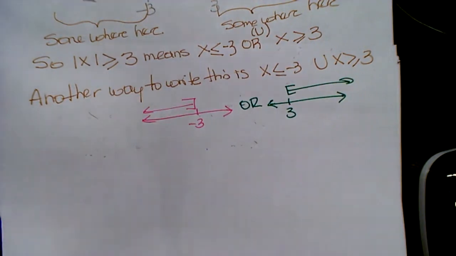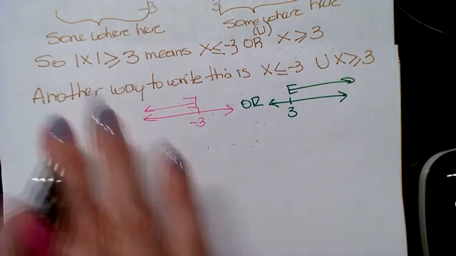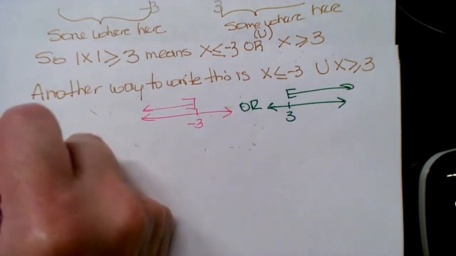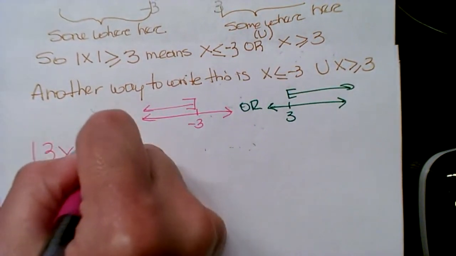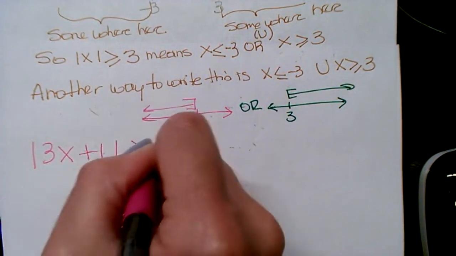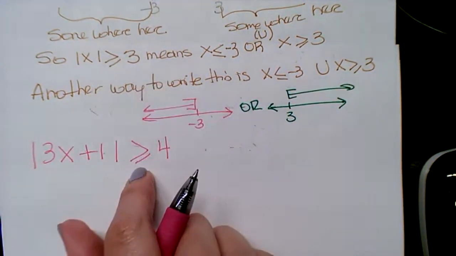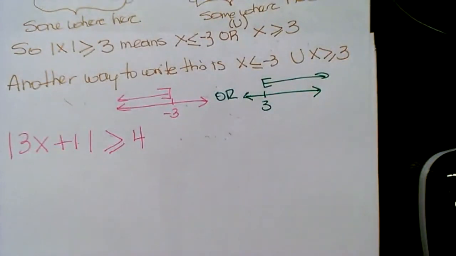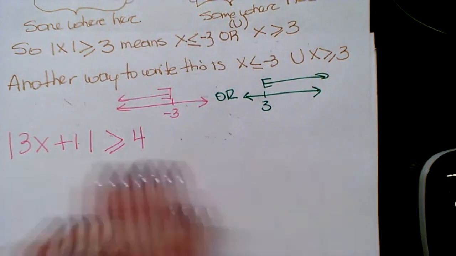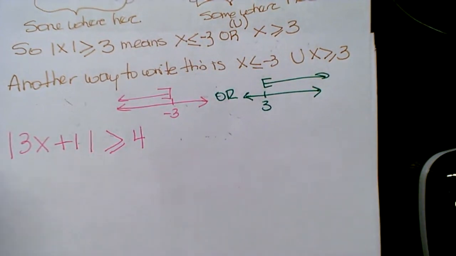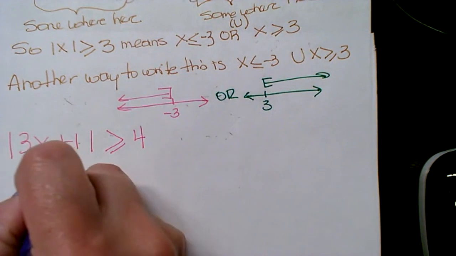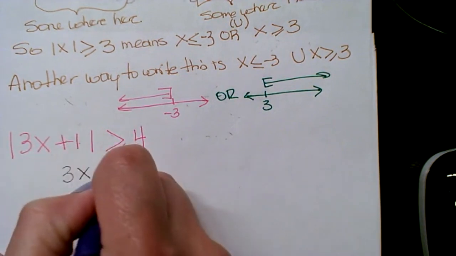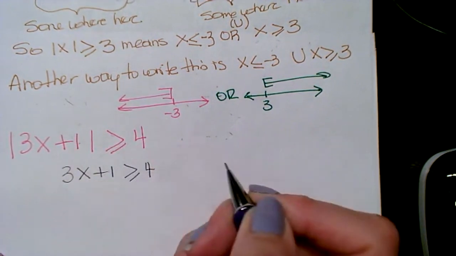Here is another one right here. This one says 3x plus 1 absolute value greater than 4. Greater. So I'm going to use this one. I could go straight to it because it's isolated already in the absolute value. So one is going to be the same one, greater or equal to 4.